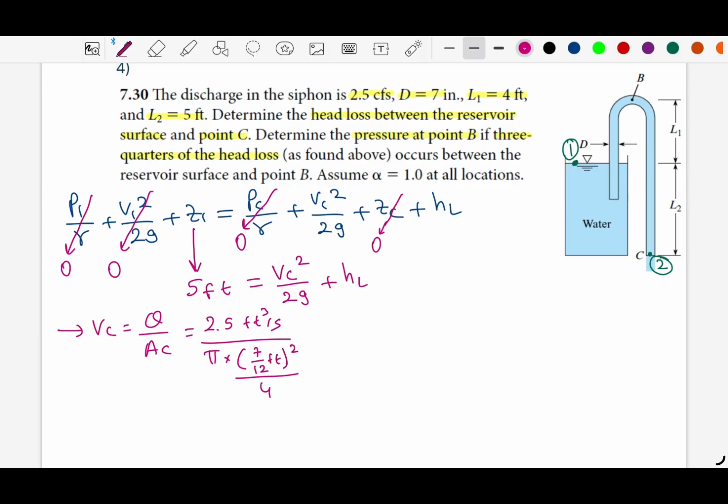Over 4. So from here, Vc will be 9.35 feet per second.